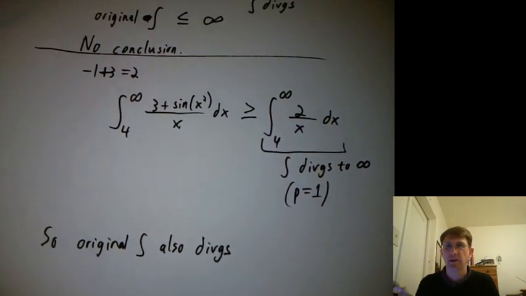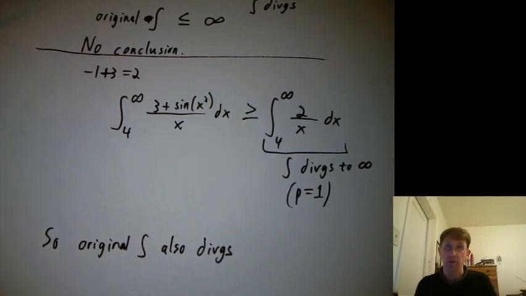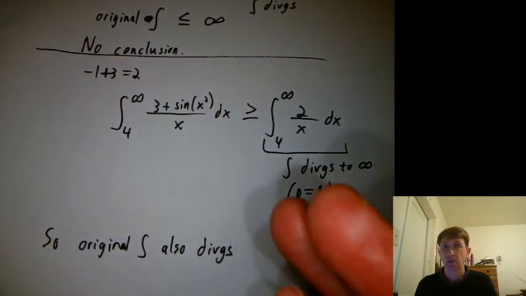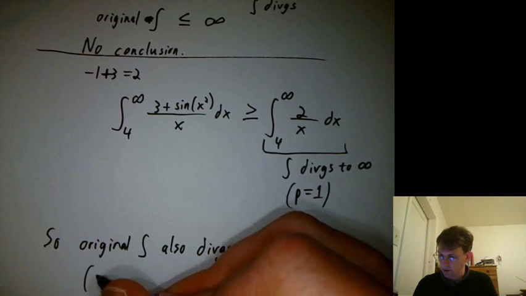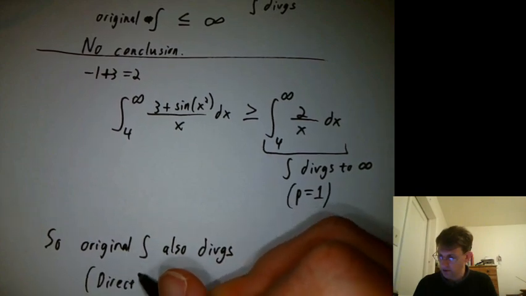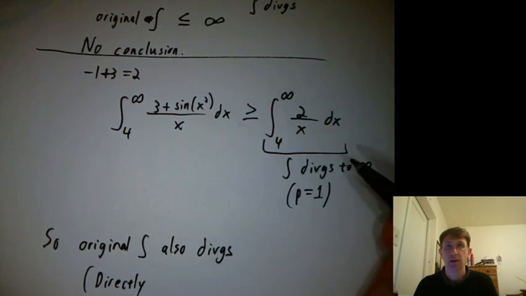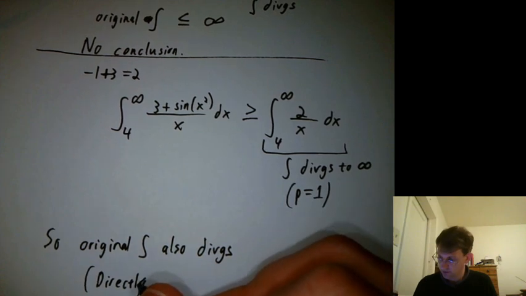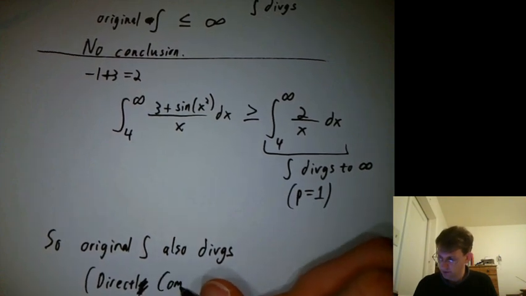So was this a limit comparison test or a direct comparison test? This was a direct comparison because we knew directly this thing was always bigger than that thing. So a direct comparison test.